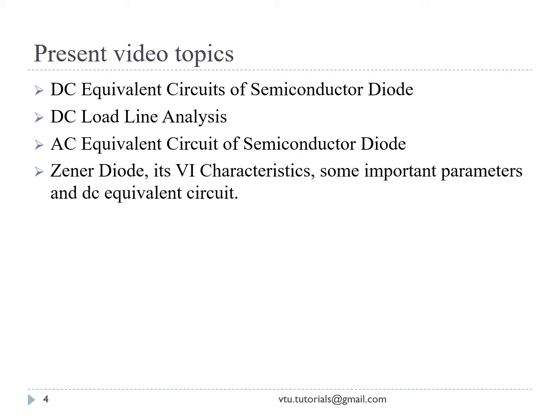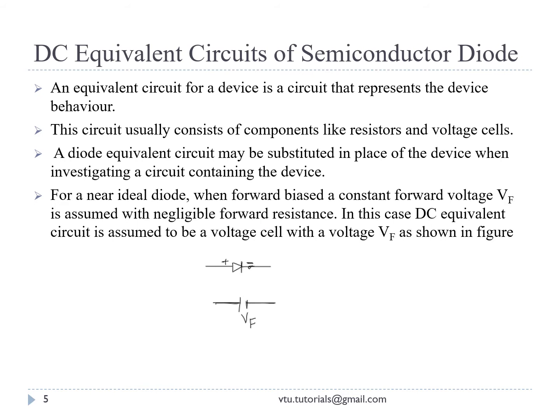Let's see the DC equivalent circuit of a semiconductor. An equivalent circuit for a device is a circuit that represents the device behavior. That means device behavior is how the circuit is going to respond to the application of the DC voltage.